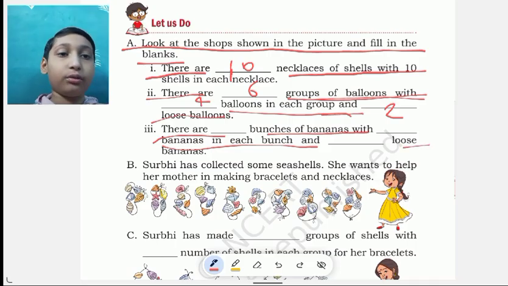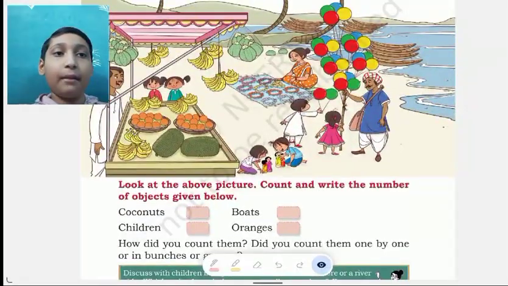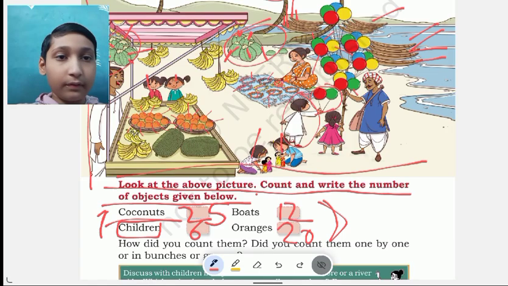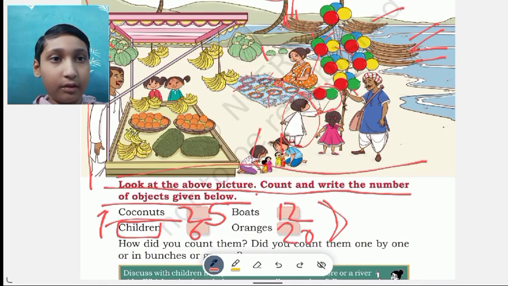Now in the third one, there are dash bunches of bananas with dash bananas in each bunch and dash loose bananas. It's almost like the balloon thing, but with bananas now. Now if we look up, we see that there are one, two, 3, 4, 5, 6, 7, 8, 9, 10, 11, 12.